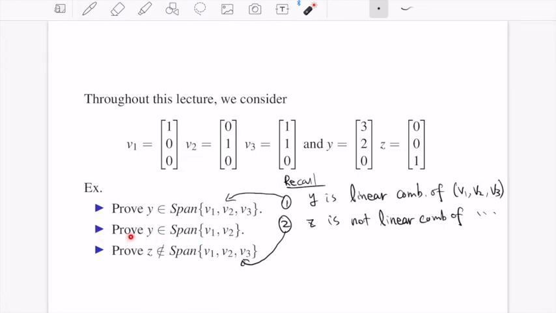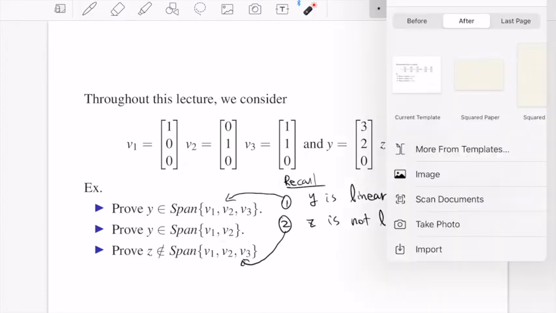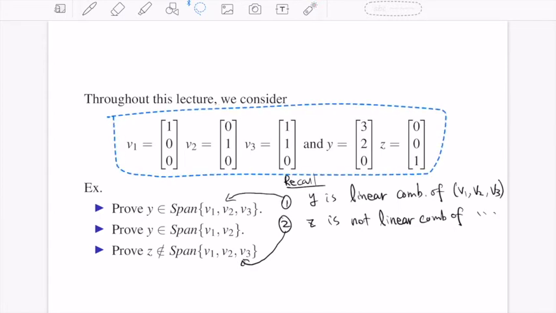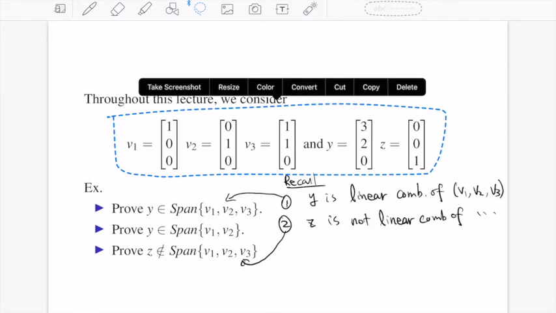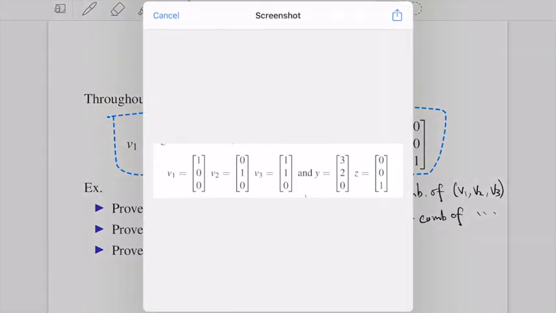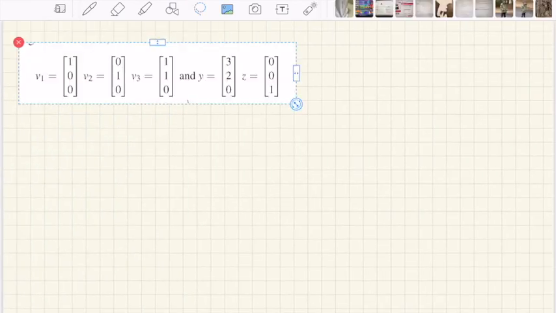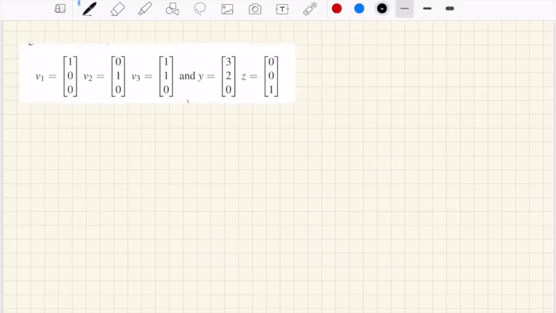So for this second question, we only want to use v1, v2 to reach y. Then is it possible?